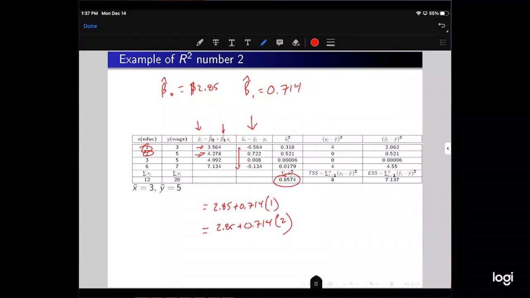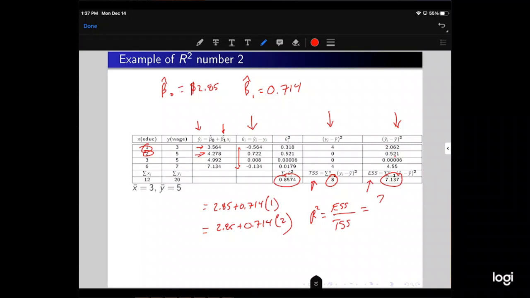The yi minus y bar squared, that's what we have in this column, and the sum of that is equal to 8. And then the y hat i minus the y bar squared, for the final column, the sum of that is 7.137. Okay, so this is the explained sum of squares, this is the total sum of squares. We can figure out what the R squared is going to be.